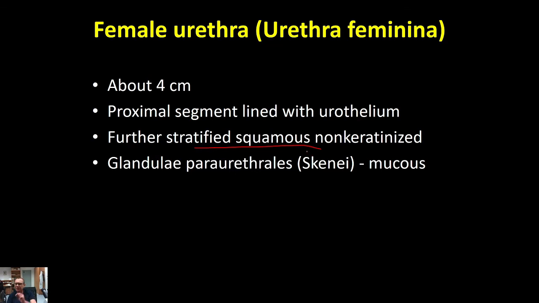So there isn't any segment of stratified columnar epithelium. Glandulae parauretrales are here as well, but they are not Littre's but Skene's glands, and they also secrete mucus. So morphologically they are the same as the paraurethral glands in male.